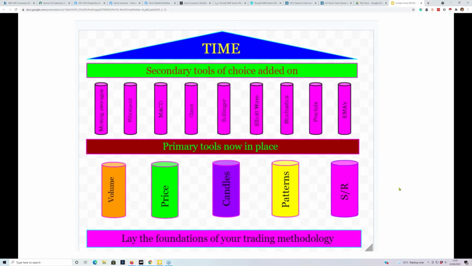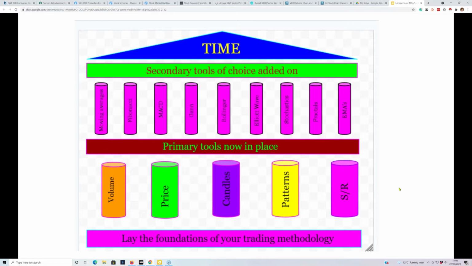Getting back to support and resistance, you might use a Fibonacci, you might just draw some trend lines yourself. It really doesn't matter, but somewhere on that chart you have to be aware of these zones where price is aiming for, potentially. Is it going to pause there? Is it just a pause?